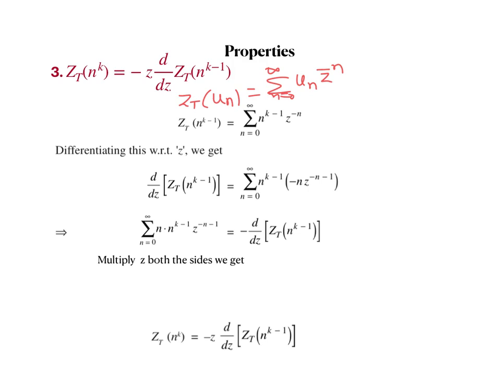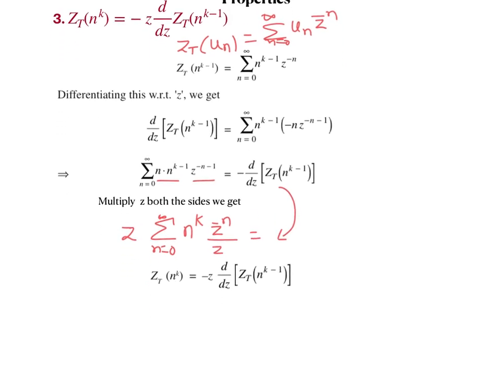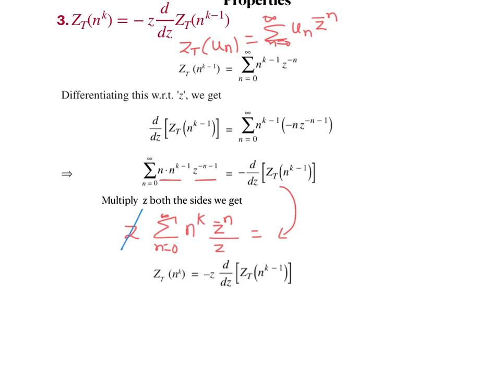So if you multiply, what happens here? This is z on the left side and summation n equal to 0 to infinity, and taking the power added, it becomes n power k. Okay, then this can be written as z power minus n by z, and the other side comes as it is. Now this z gets cancelled.